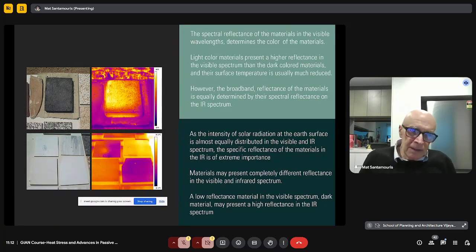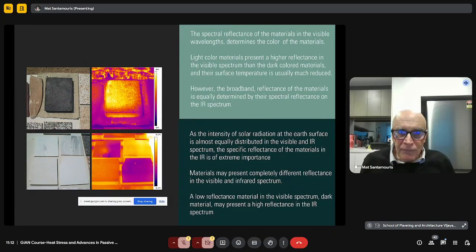For example, we know that black asphalt, which is black, of course, presents a very high absorbance, and so it can be very warm. But it's true that the absorbance is very high in the visible part, because what we can see is the visible part. Perhaps this material can have a high reflectance in the infrared part.